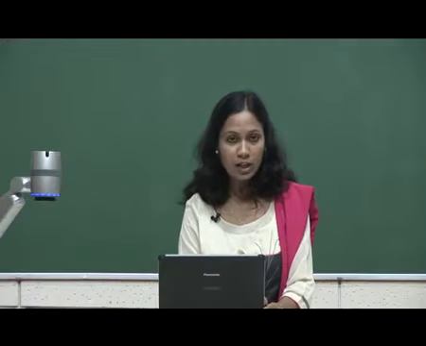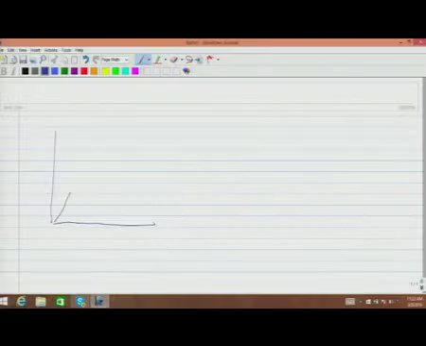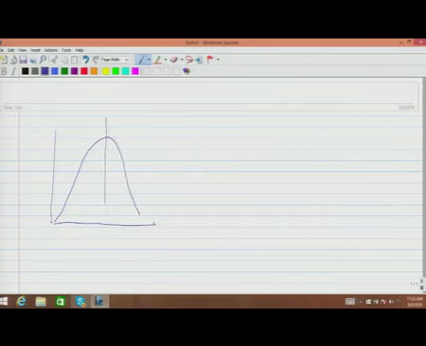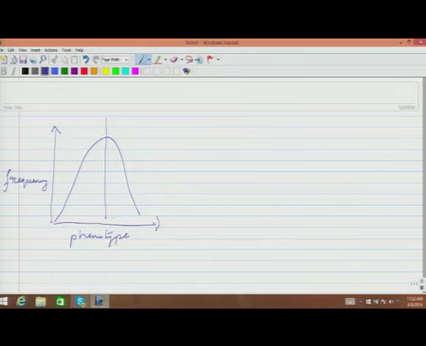Next, the second type of selection which you can see: again we will draw the normal distribution curve, with the x and y axis, frequency and the phenotype. Now, sometimes nature will favor those traits which are at the intermediate stage, and the extreme traits will be eliminated.